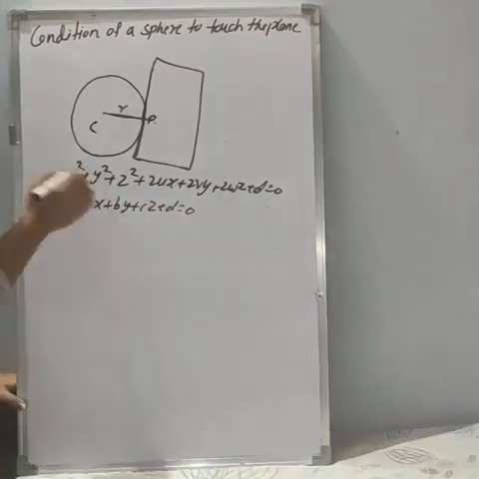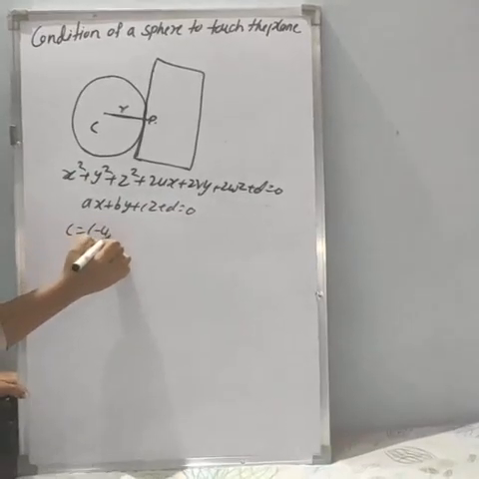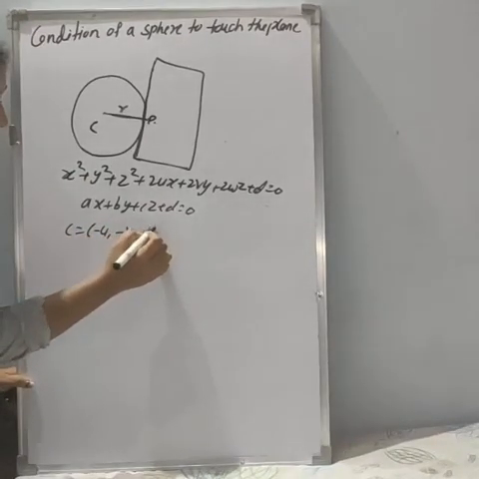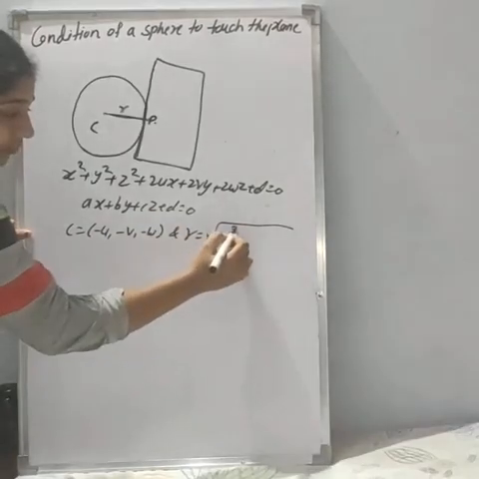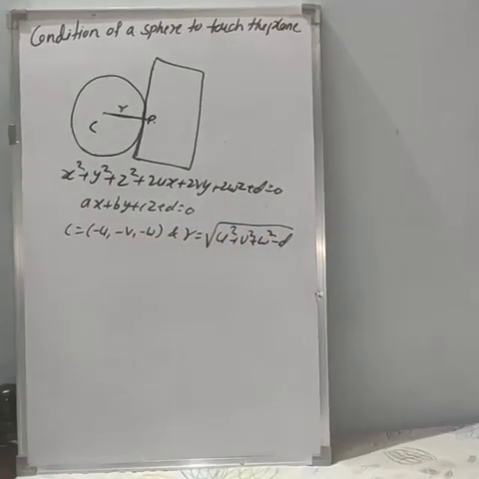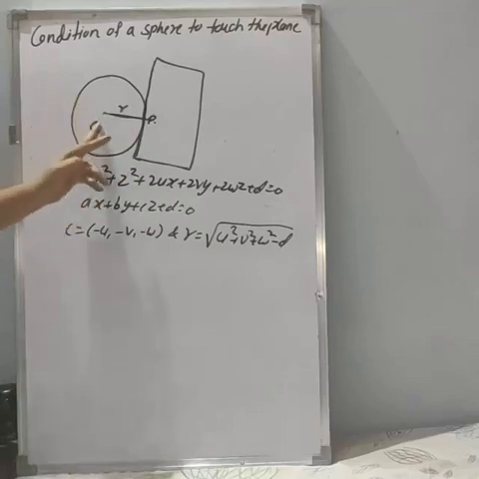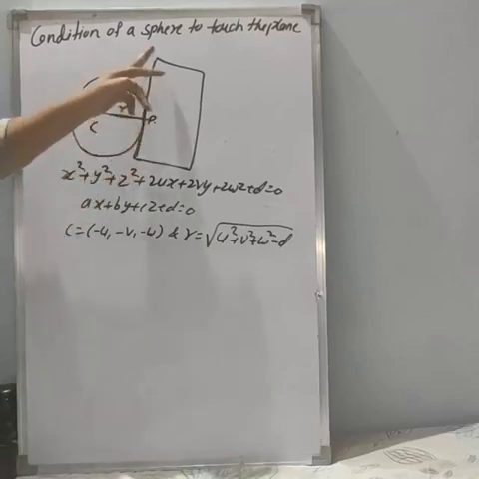First we will find the center and radius. We know the center is (minus u, minus v, minus w), and the radius is the square root of u square plus v square plus w square minus d. Now the condition for this is the perpendicular distance, or perpendicular length, from the center of the sphere to the plane.